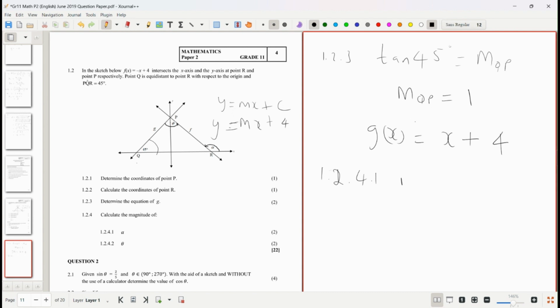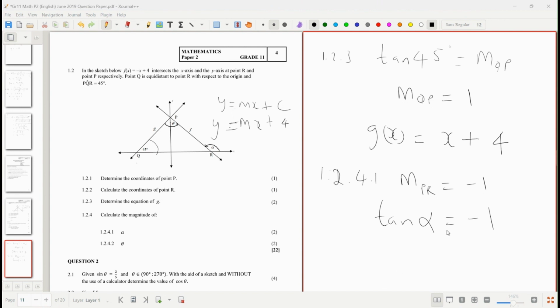So MPR will equal to what? -1. So what do we know? The gradient of the line here will equal to tan alpha, right? So it will equal to -1.